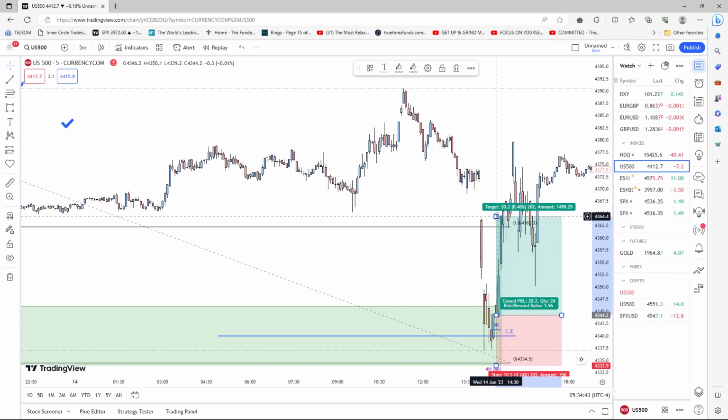Each of us will prefer a different exit strategy. For example, some of us will take a fair value gap in the premium range, and ICT teaches that specific exit technique in his 2022 mentorship. Some of us prefer equal highs as an exit strategy because we know that there is liquidity resting above this area.